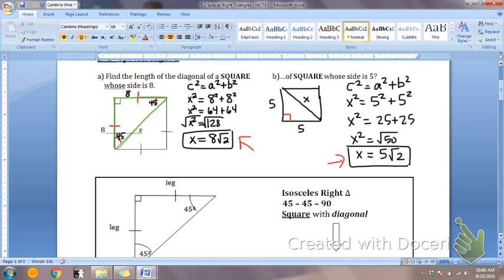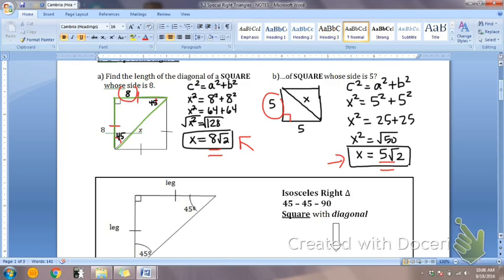It's the length of the side, right? This 8 is the length of the side. This 5 is the length of the side. And each time, it's radical 2. Do you guys see that? That's the pattern that's going to continue if you have a 45, 45, 90 triangle.